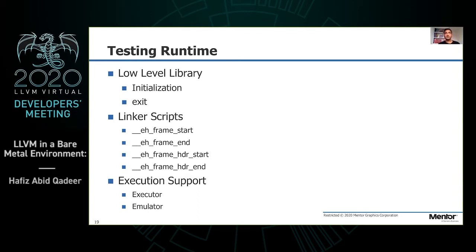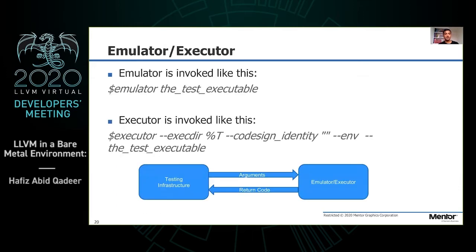And once we have the executable, then it comes time to run it on the target. libc++ uses a notion of executor that it will use for the target execution. Compiler RT similarly uses a notion of emulator, but they are quite the same thing. We discuss them in the next slide.